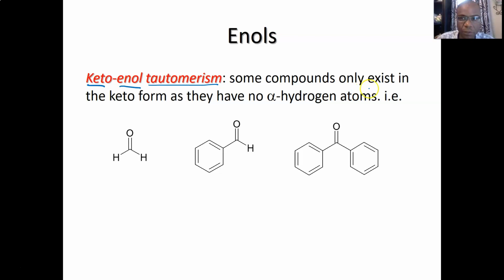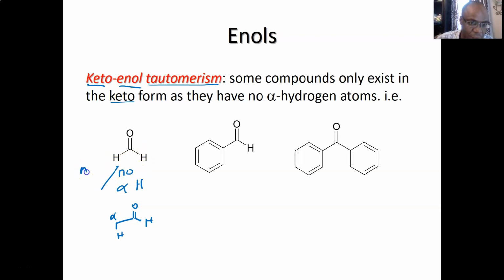Some molecules exist only in the keto form, as they have no alpha hydrogen. You see, like this molecule has no alpha hydrogen. To have an alpha hydrogen, you must have an alpha carbon which will bear the alpha hydrogen. We don't have an alpha carbon here.